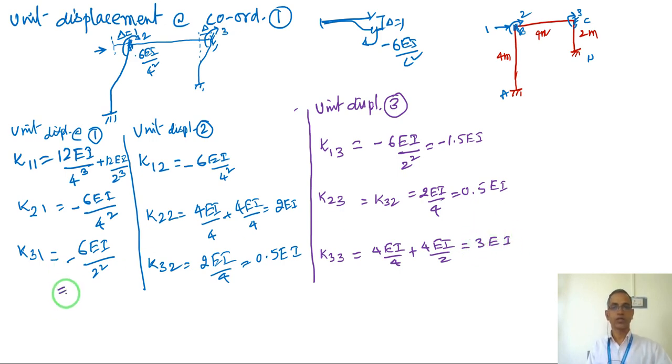So this K13 is minus 1.5 EI. K21, we already have K12, which is equal to minus 0.375 EI, and K11 is 1.6875 EI.